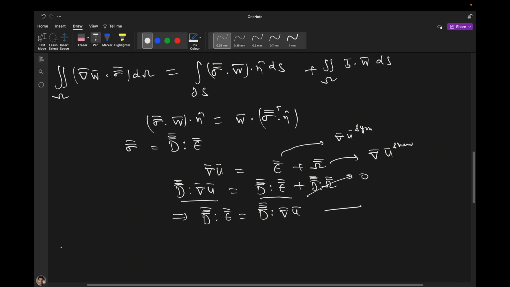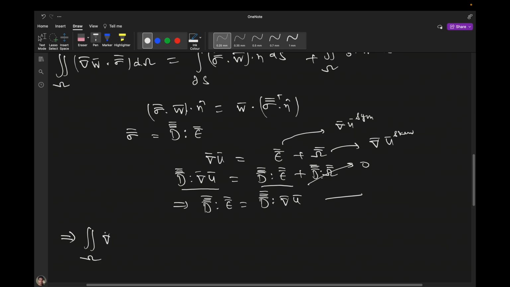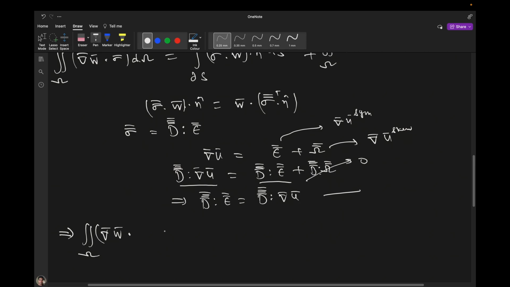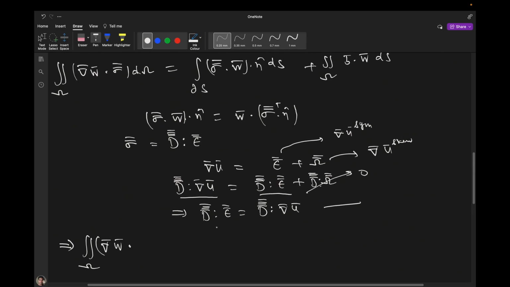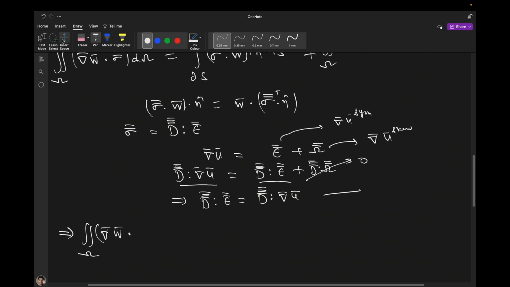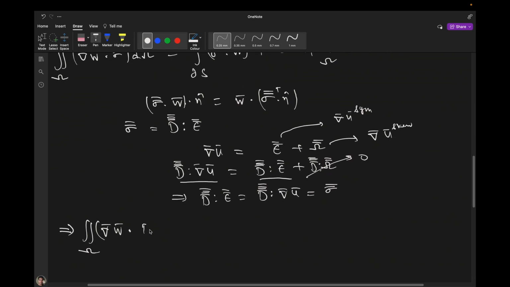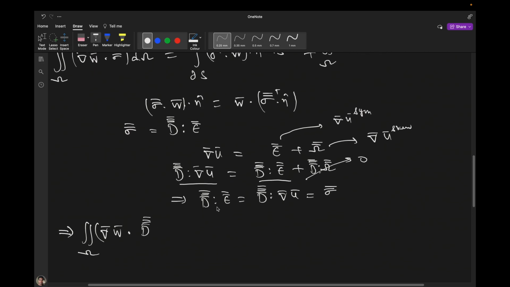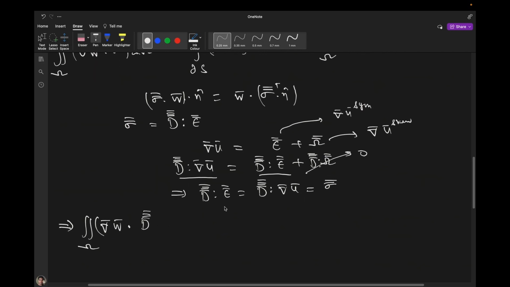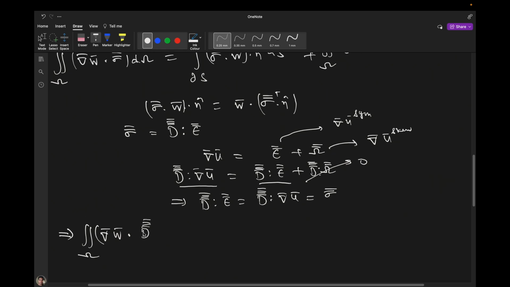So we get sigma, and this thing we can also write as the sigma tensor, that is D dot, or we can also write it as a contraction, so nothing to worry about.